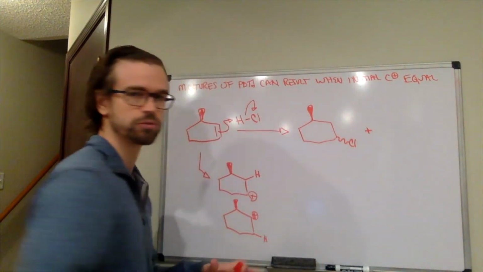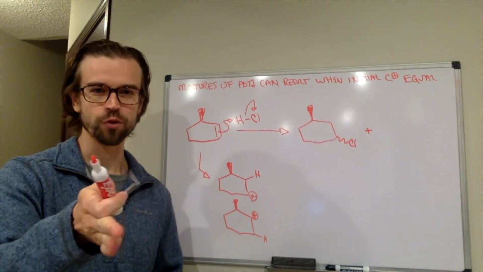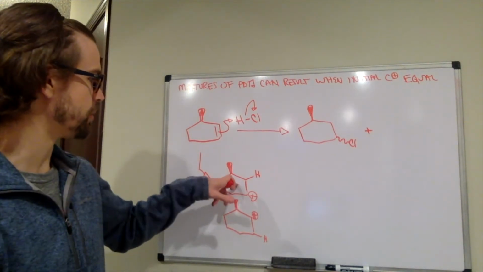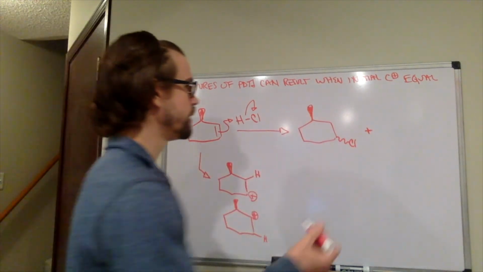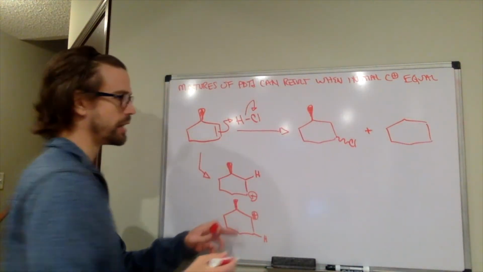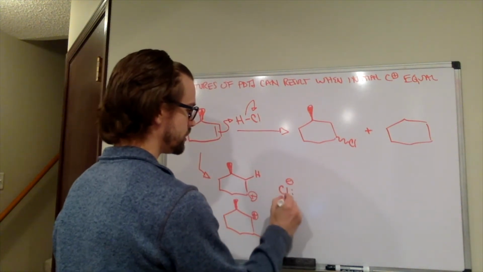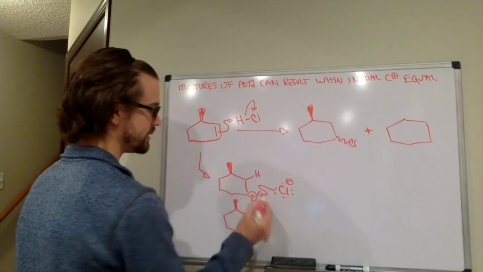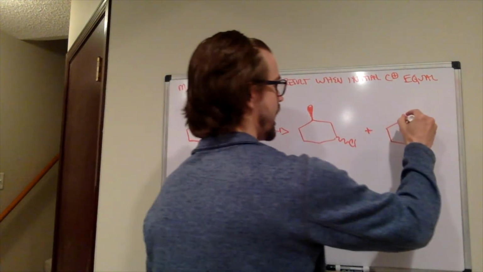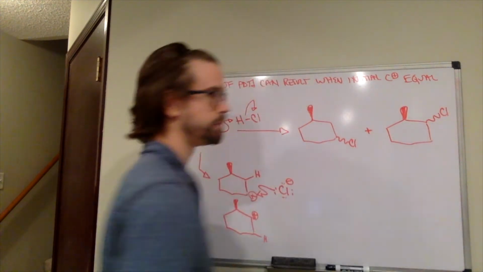So yeah, that squiggle, just in case you don't remember, the squiggle means that it's a mixture of the wedge and the dash. So theoretically, this molecule here would create that there. And this carbocation here, the Cl minus would add there. So yeah, we'll just add Cl minus, adds there to make that. And if it added to the other spot, it would make that, right?